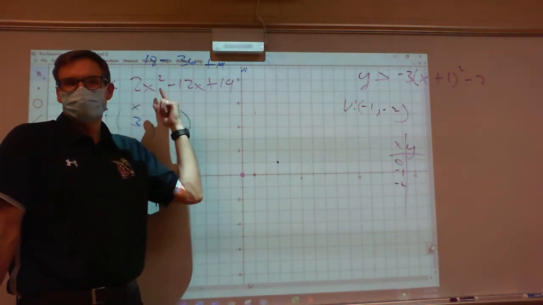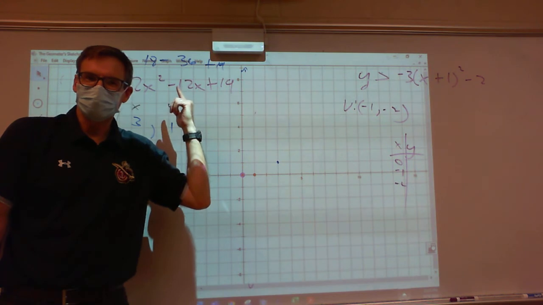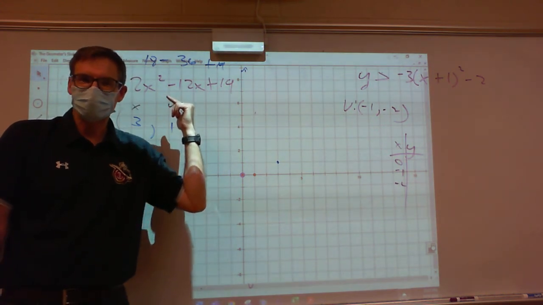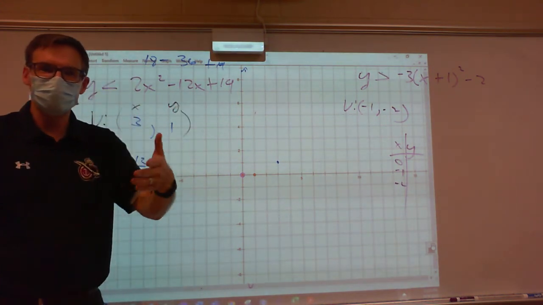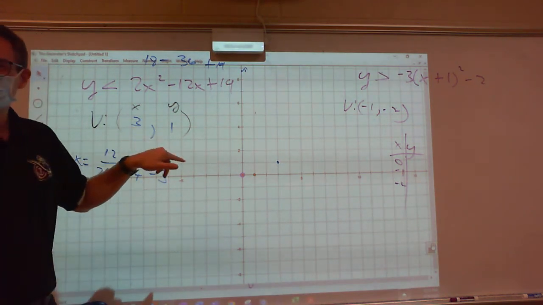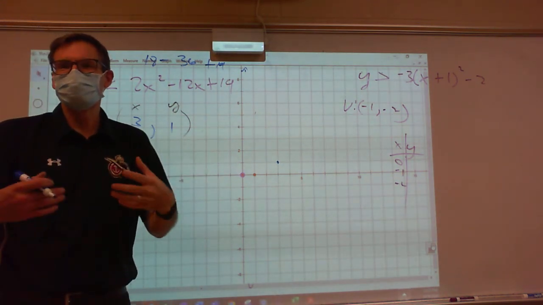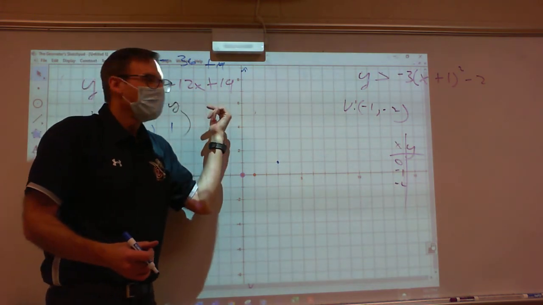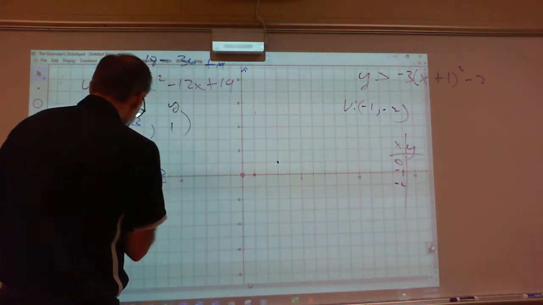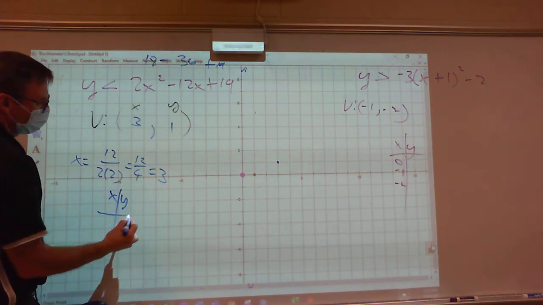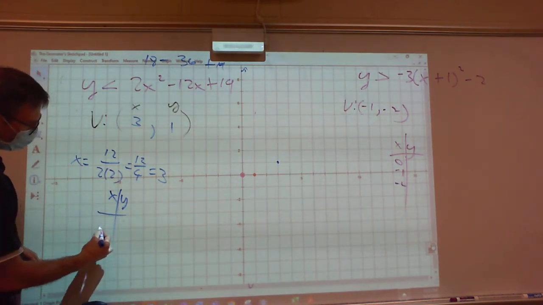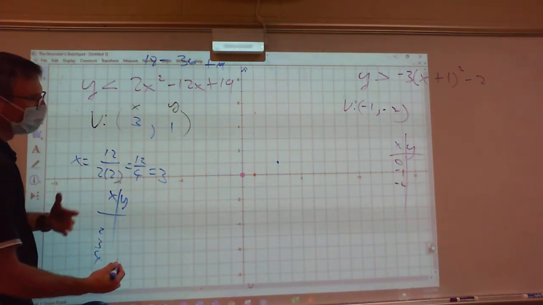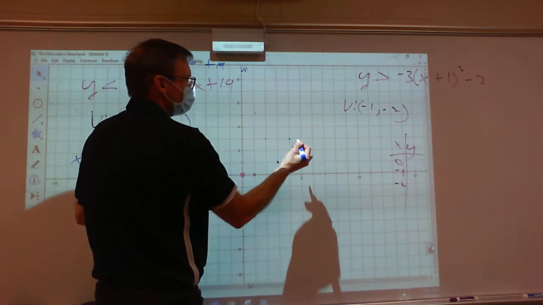This is actually the same problem that we did, the first one we graphed. If you look back at the first one we graphed, it had a vertex at 3, 1, but I just gave it to you in vertex form. This is the same thing in standard form. If you go through and do your little XY chart, and we know what happens at 3, plug in 2, and plug in 4, what you're going to find out is those values are here.